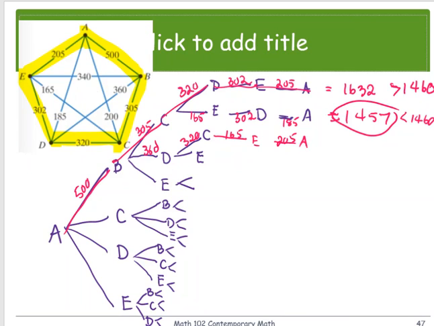And what number comes up? It's going to be 500 plus 360 for B to D. Yeah, my handwriting is getting sloppy. Plus 320 plus 165 and plus 205. So this time we get 1550, which is not a good choice because we prefer anything lower than 1460.